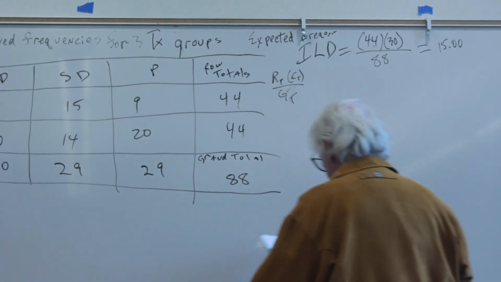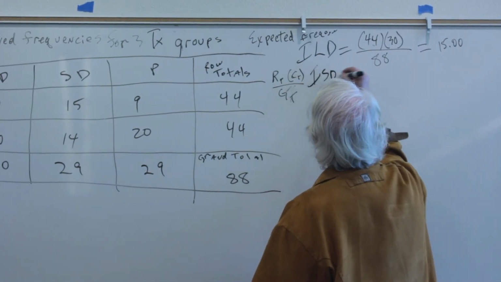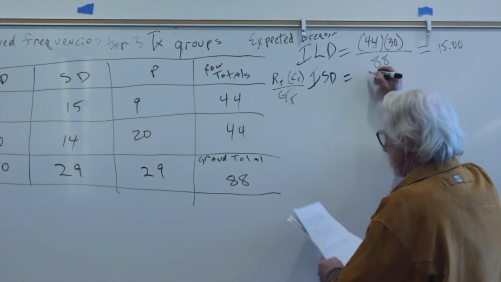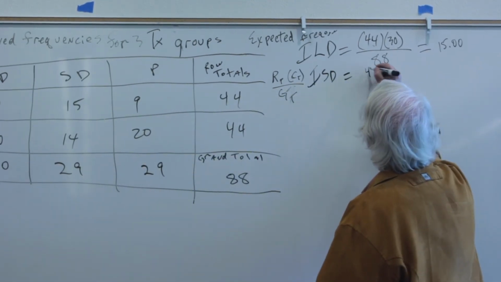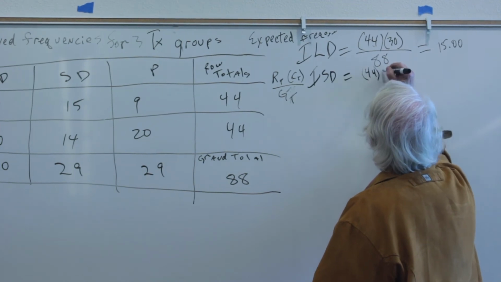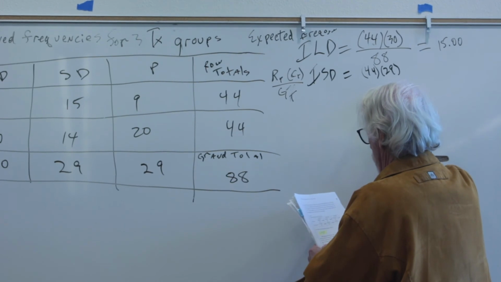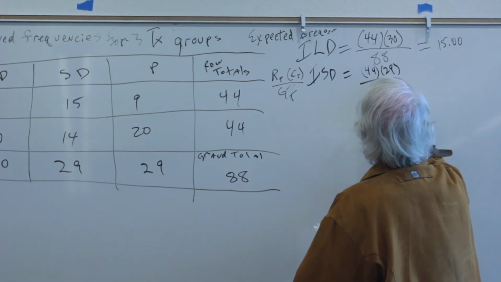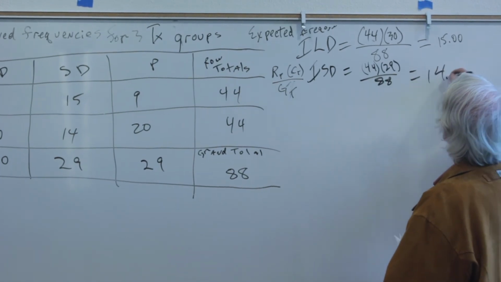So now we have the improved small dose people, which turns out to be 44 times 29 over 88, which is equal to 14.5.